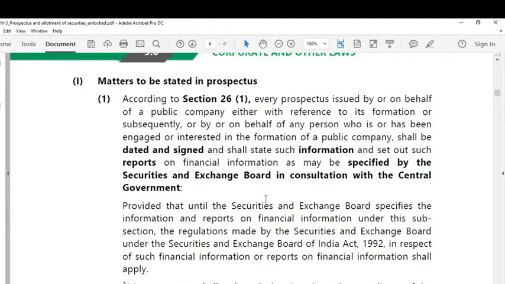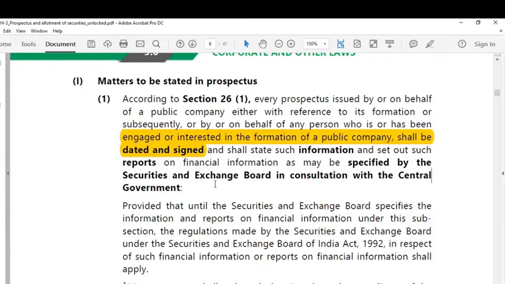So you can have a look at what is stated in the prospectus. A prospectus should be dated and signed. Whatever the date on which it is signed will be considered as the date of publication of the prospectus.